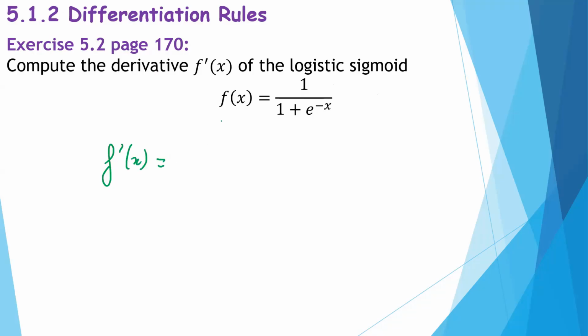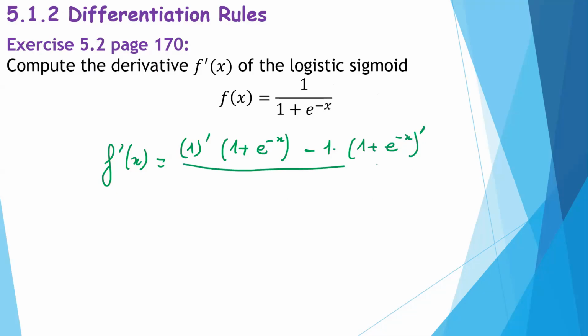So f prime is 1 prime times 1 plus e to the minus x, minus 1 times the derivative of 1 plus e to the minus x, over 1 plus e to the minus x, all squared, sorry.